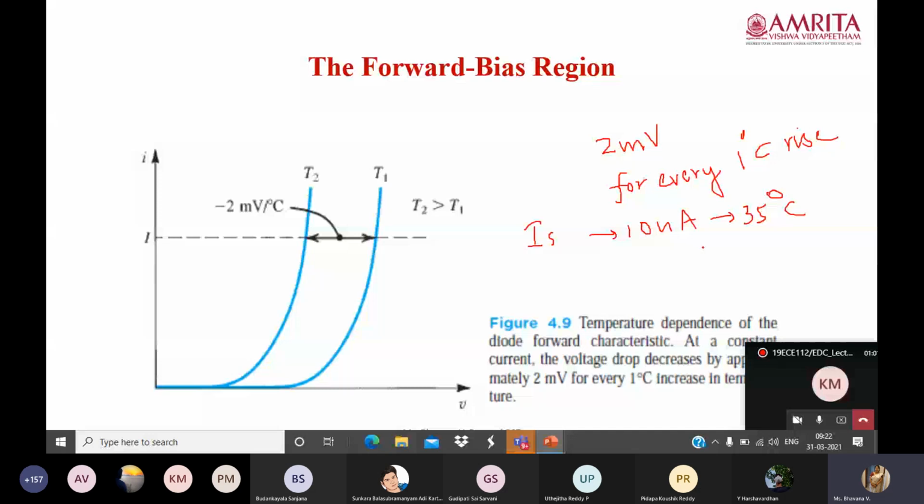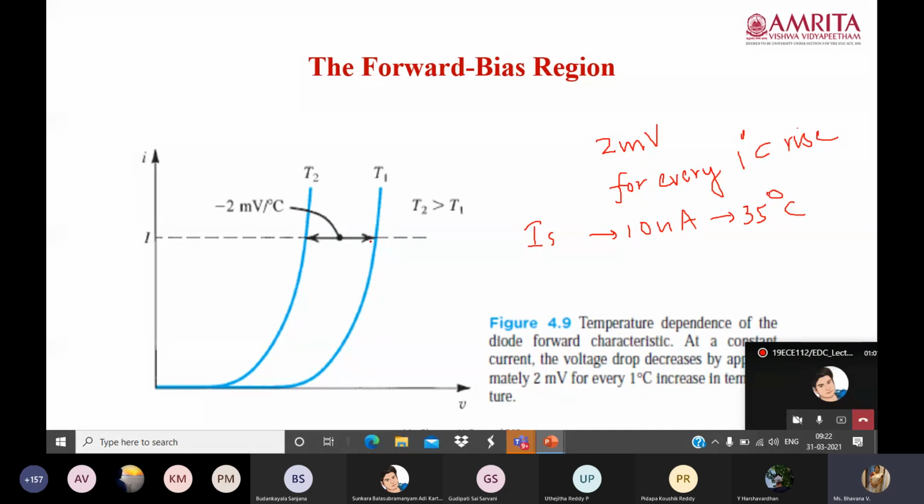This is also one consequence or inference. For a constant diode current, the voltage drop decreases by 2 millivolt for every 1 degree Celsius rise in temperature. That is depicted in this IV characteristics for two different temperatures T1 and T2, where T2 is greater than T1.